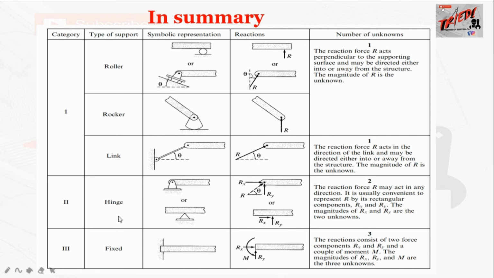Then the hinge support is in the second category, so we're going to have two reacting forces. In the third category, we have our fixed support, so we know that it has three unknowns. This will be very useful as we start drawing the free body diagrams.